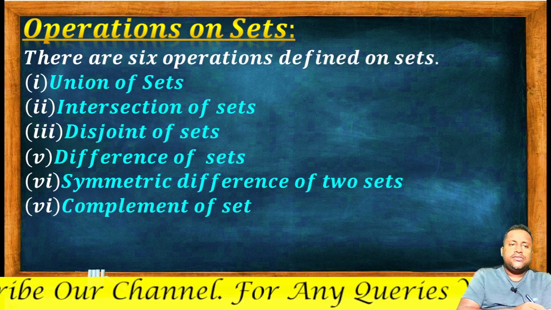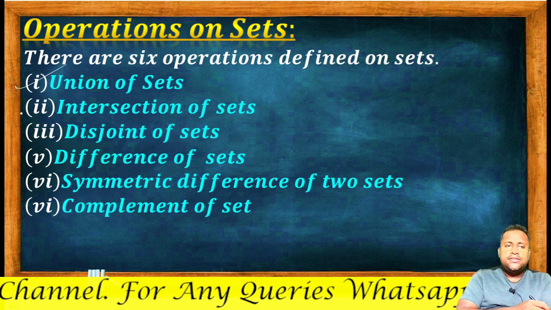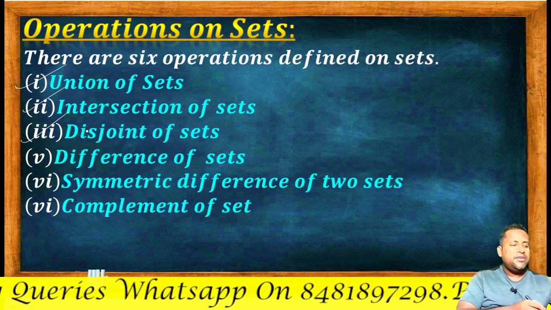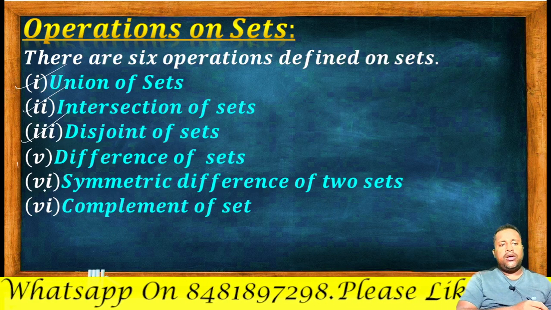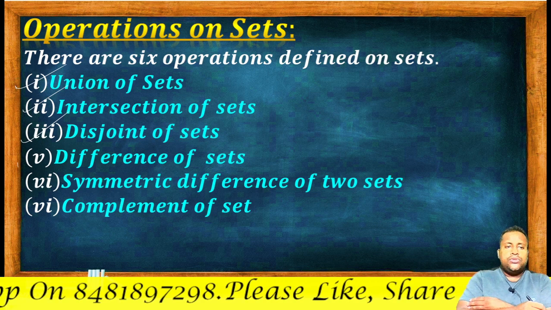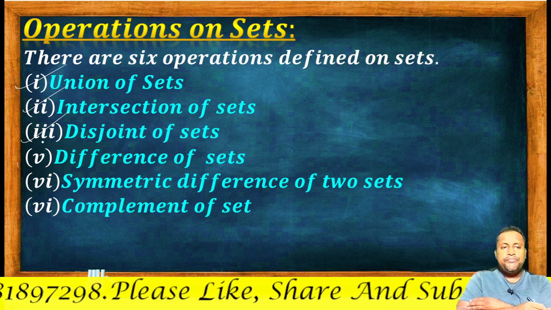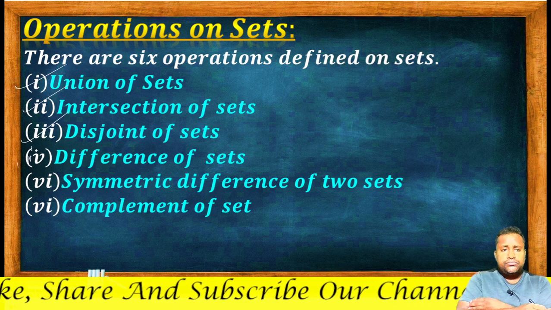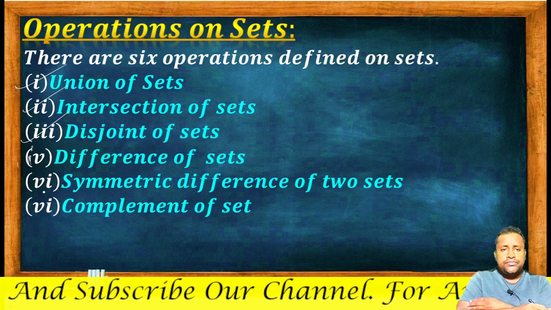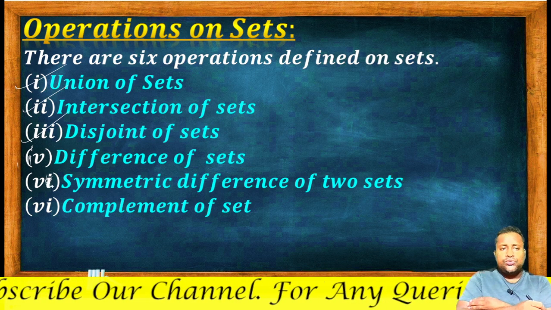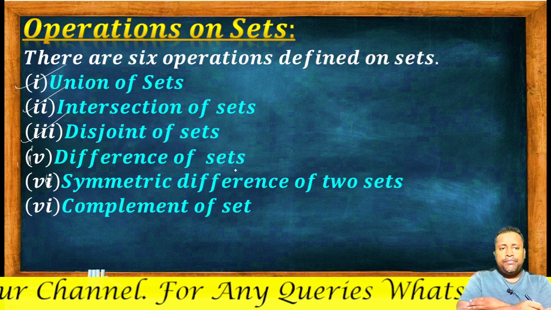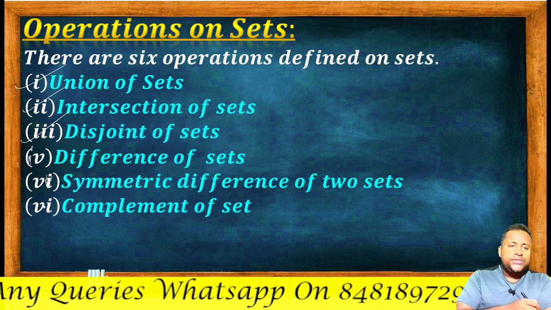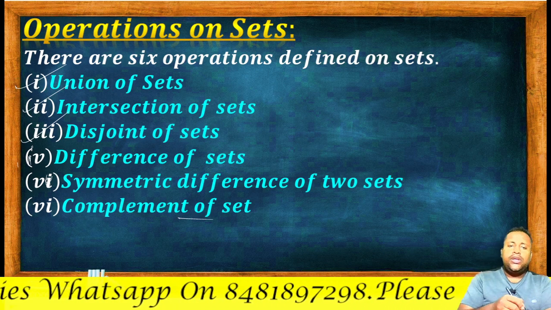The first one is union of sets, the second one is intersection of sets, the third one is disjoint sets, the fourth one is difference of sets, the fifth one is symmetric difference of two sets, and the sixth one is complement of a set.